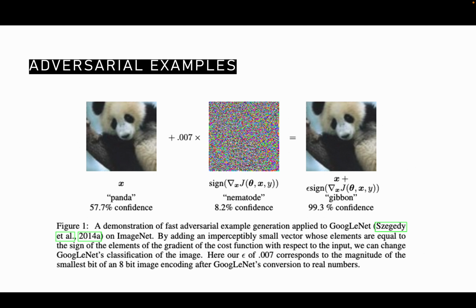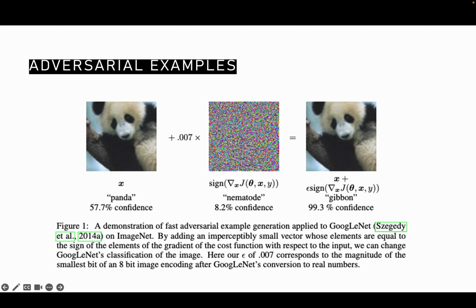The first image has not been modified in any way, and the convolutional neural network trained on that image is able to recognize that it's a panda. One interesting thing is that the model does not have a lot of confidence in the decision.